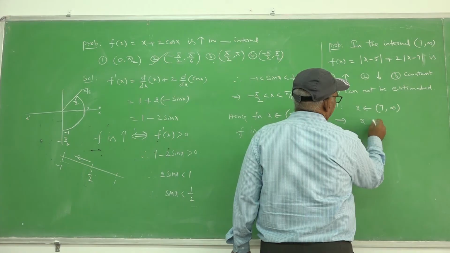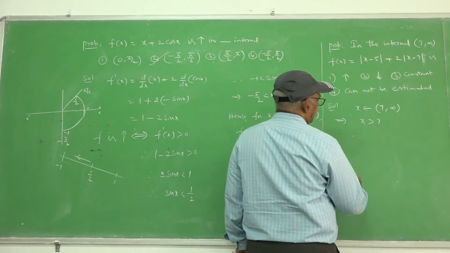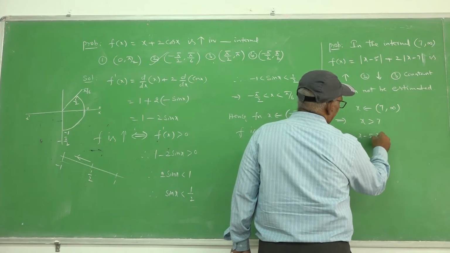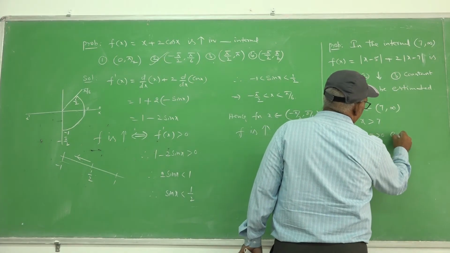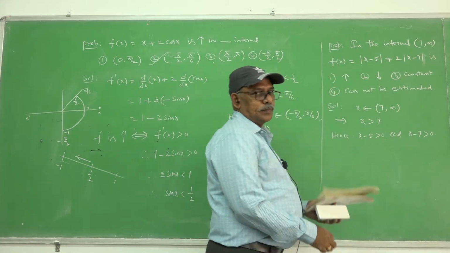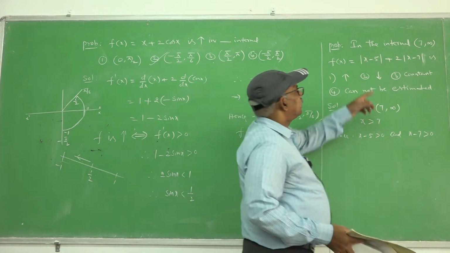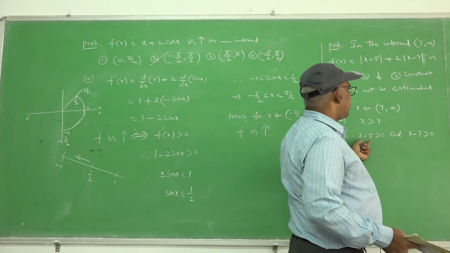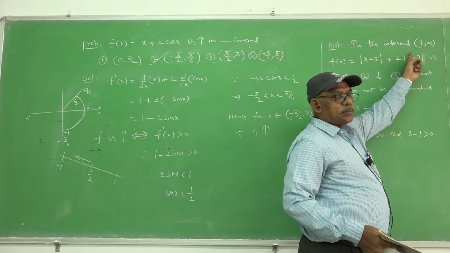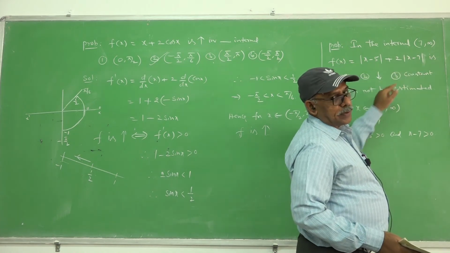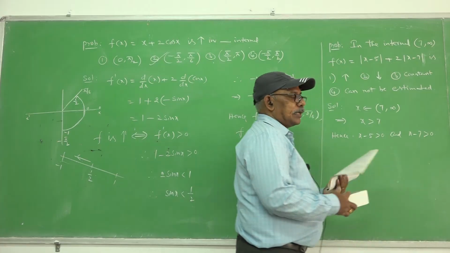Hence x minus 5 is positive, as well as x minus 7 is also positive. The value inside both moduli is positive whenever x is greater than 7.